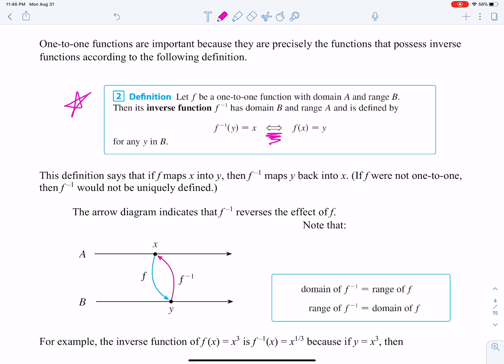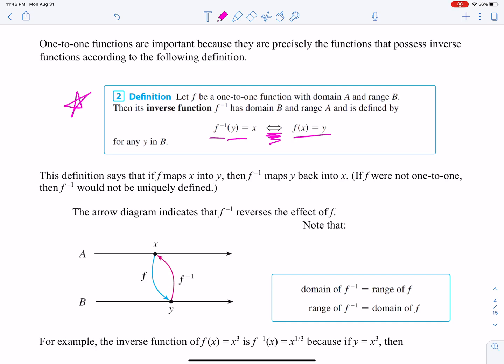Again, it's valid in both directions. So f inverse of y equals x. In other words, you input the output to get out the input, if and only if f of x equals y. This definition says that if f maps x into y, then f inverse does the opposite, right? Maps y back into x.